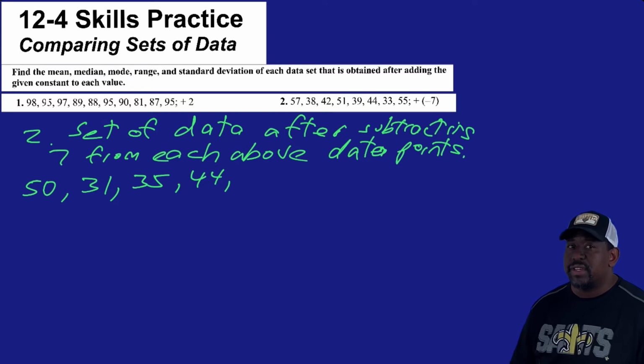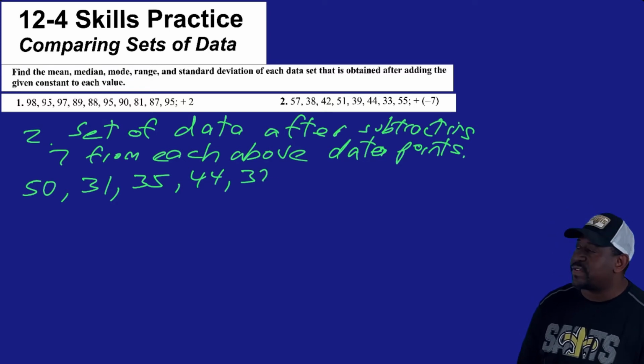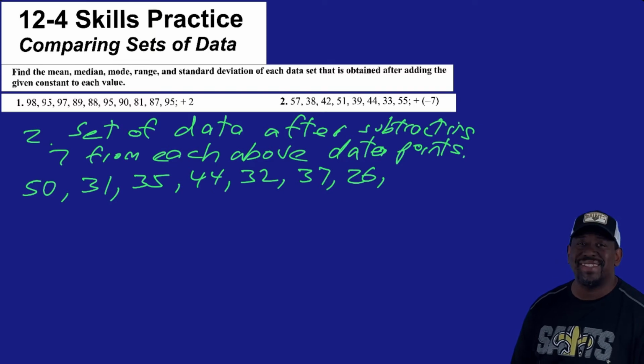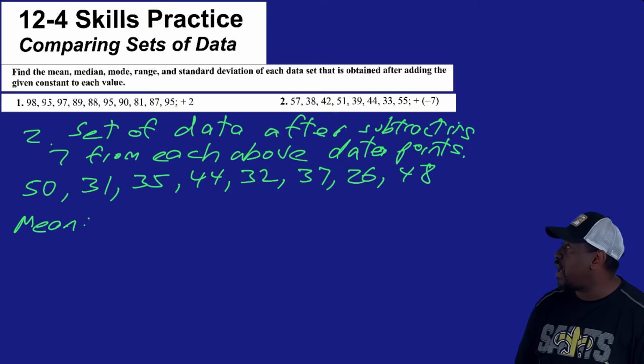So the new set of data points will be 50, 31, 35, 44, 32, 37, 26, and 48. Each of these is determined once you subtract 7 from the original values.